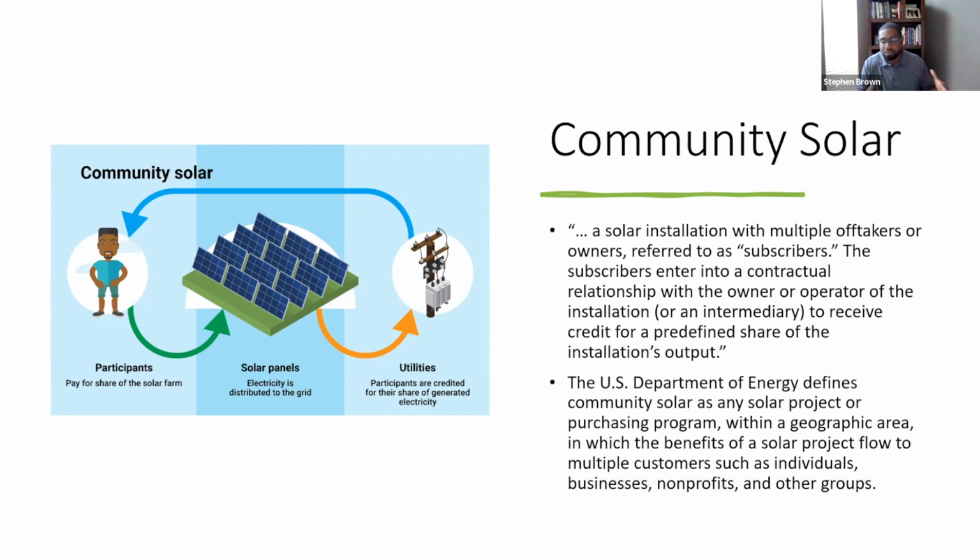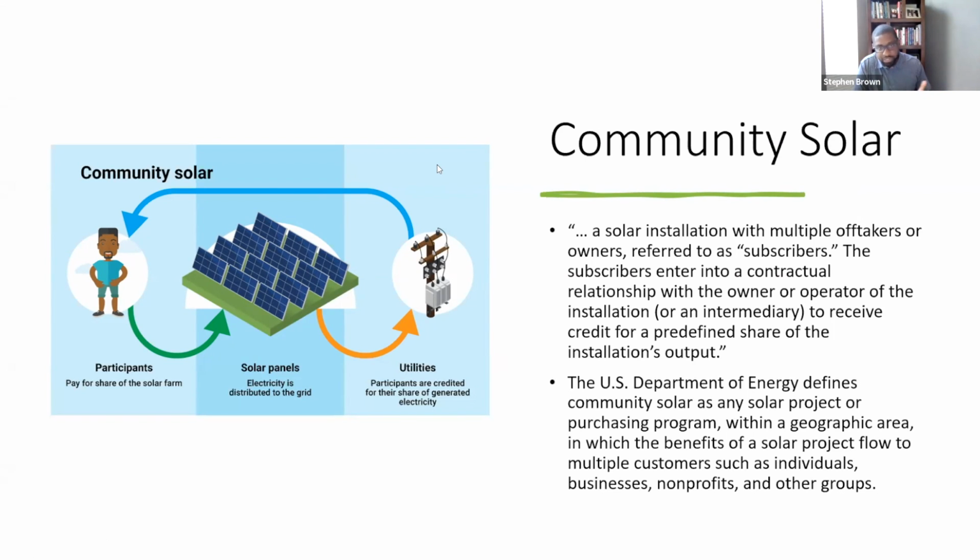So anywhere in that space, say between 0 and 100, could technically be defined as community solar, so long as the installation itself benefits multiple off-takers or owners, referred to as subscribers, and these subscribers enter into contractual relationships with the owner or operator for the installation to receive credit for a predefined share of the installation's output.